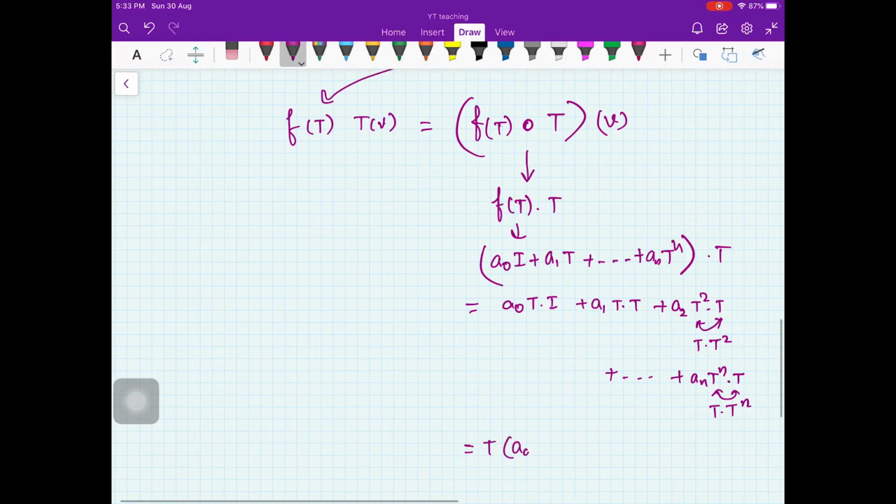So this is equal to T composed with (a0 I + a1 T + a2 T squared + ... + an T raised to power n). So this is T composition with f(T).